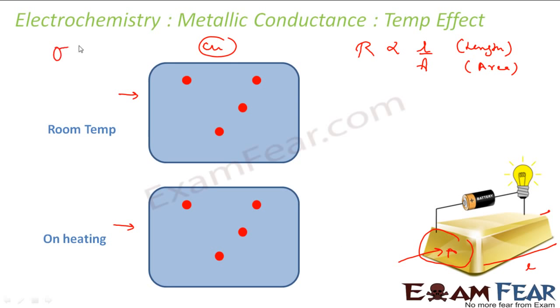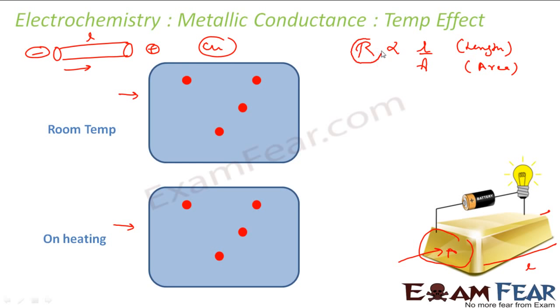For example, I have a wire like this and I'm passing current from here to here, then this is my length and this is my area. The more the length, the more distance the electron has to travel, so the resistance will increase, and the more the area, the easier the electron can travel. So it is directly proportional to length and inversely proportional to area.